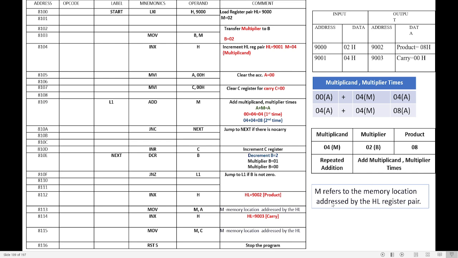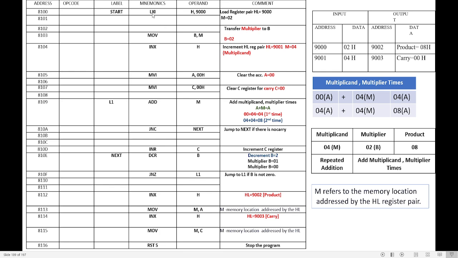This is a very, very important statement. M refers to the memory location addressed by HL. If HL is 9000, what is the value of M? 02.